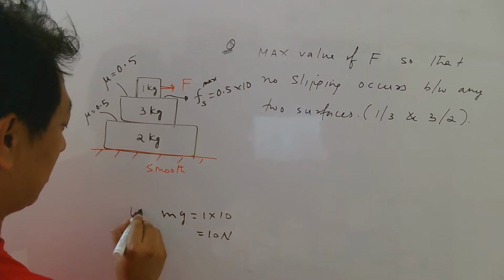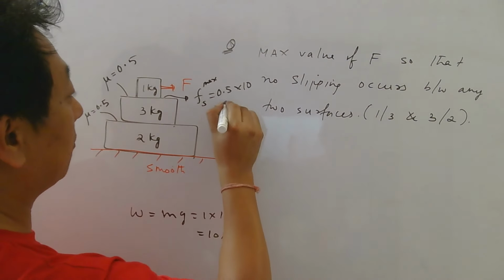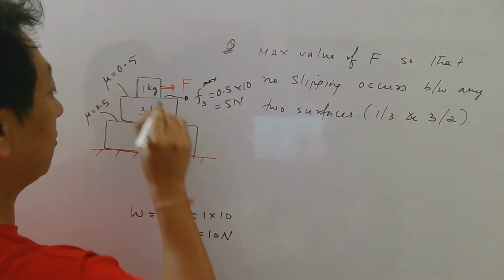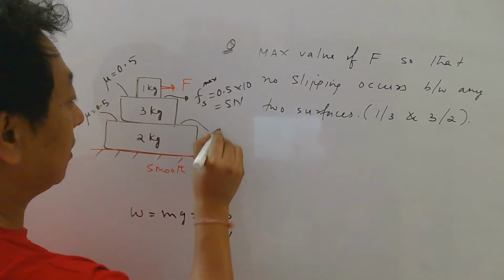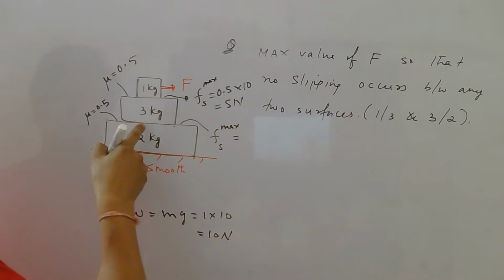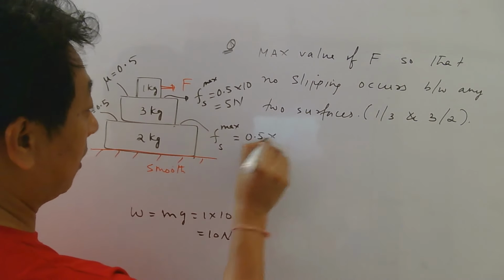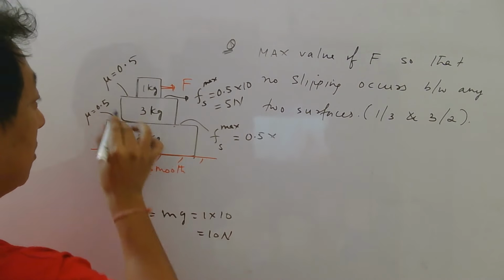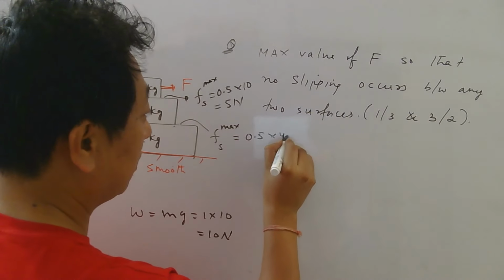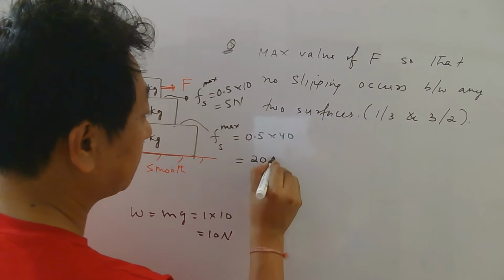So 0.5 into 10, that will be 5 Newton. So the maximum static friction here is 5 Newton. Here the friction coefficient is 0.5 and normal here has to balance the weight of 4 kg, meaning 40 Newton. So this is 20, isn't it?